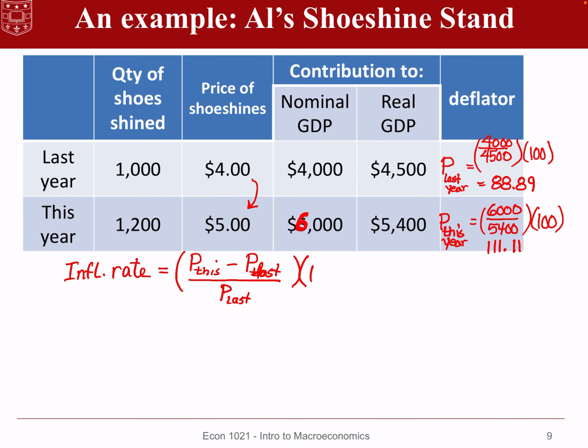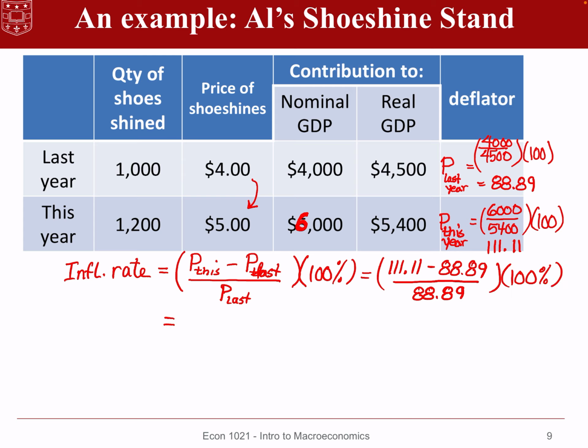And now we want to express it as a percentage, so we're going to multiply by 100%. That would be 111.11 minus 88.89, divided by 88.89, and multiplied by 100%. And if you work this out, that gives us 25%. So yay, we got the same number that we already knew.